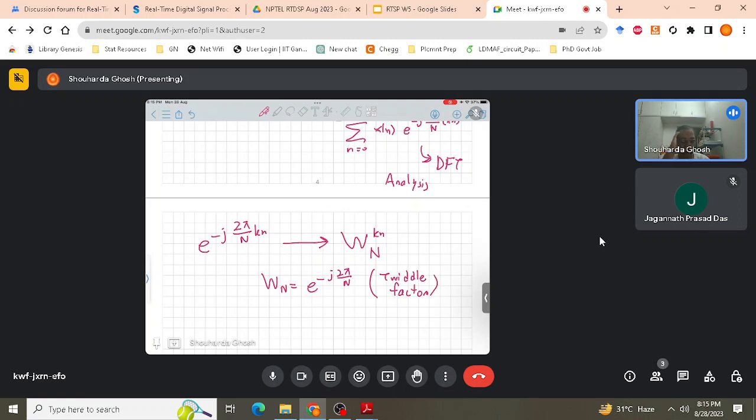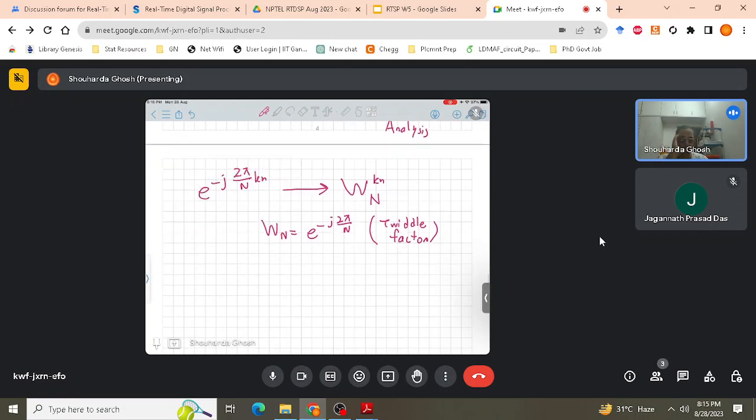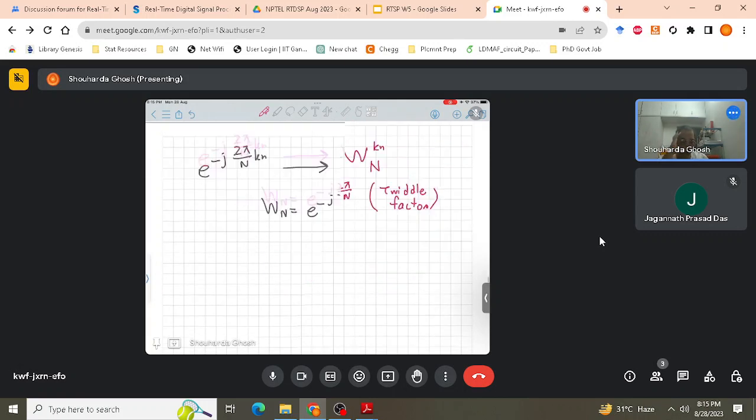This is an important term, and we will see it very soon in our upcoming points. It is a very convenient way, rather than always writing the exponential term again and again. You can just write W n and continue with it. So that's the twiddle factor.